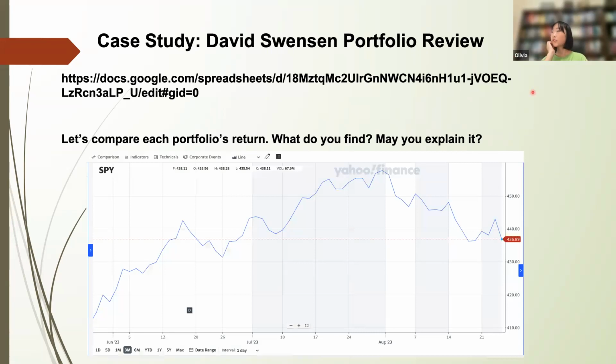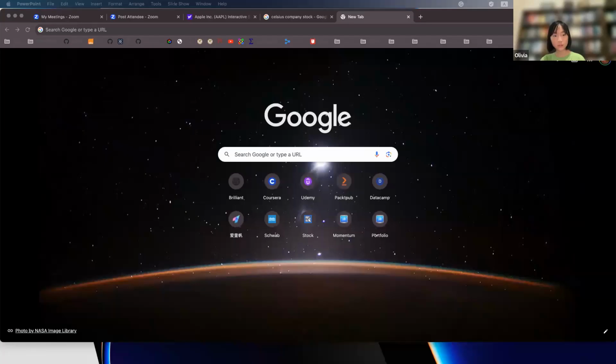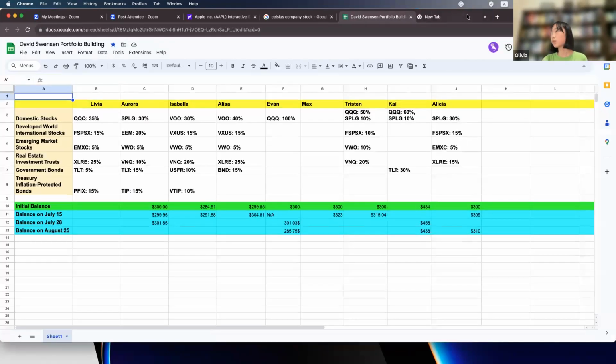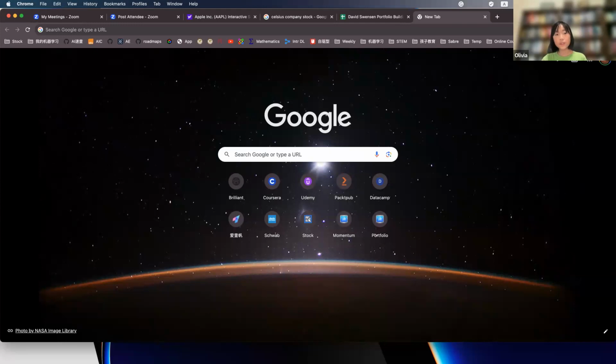So this is a case study of David Swensen's portfolio review. Can you guys go wait, hold on. Can you guys go to the spreadsheet? I'm going to paste it in the chat. Last time you guys did the David Swensen portfolio competition.